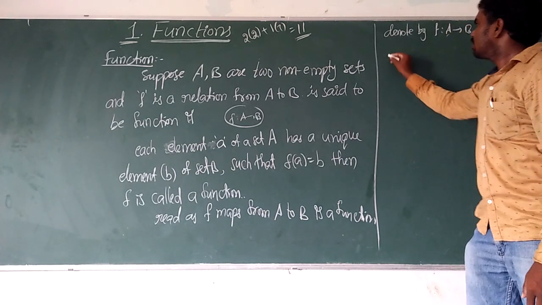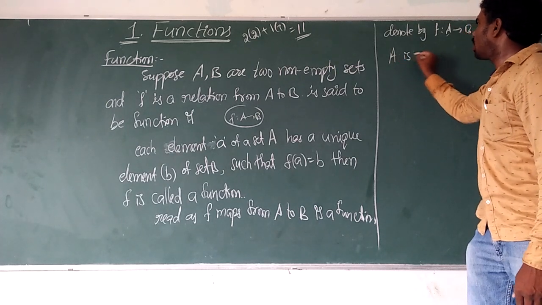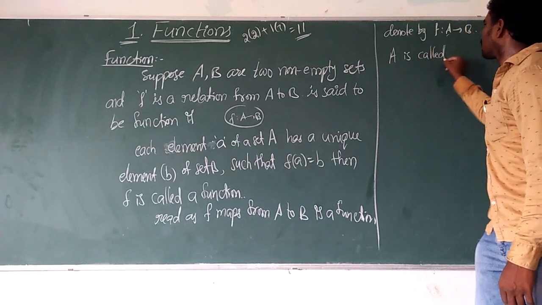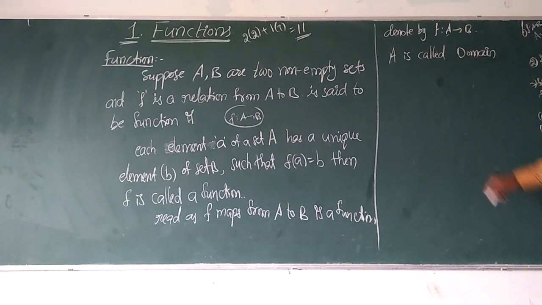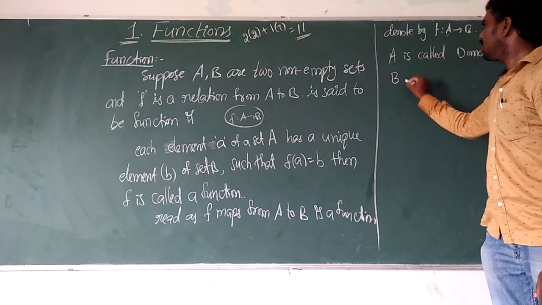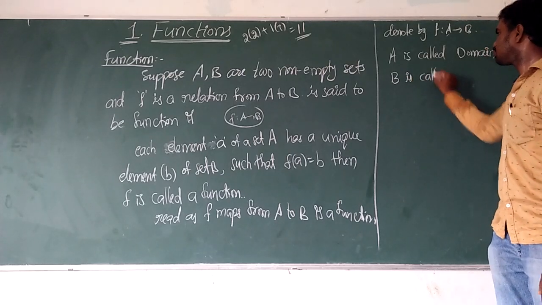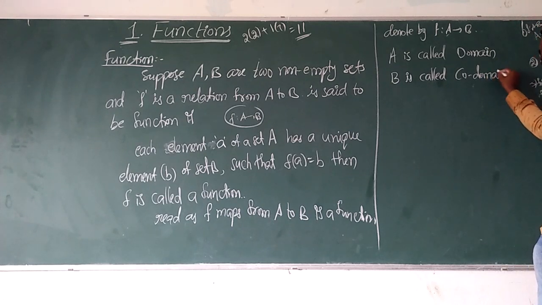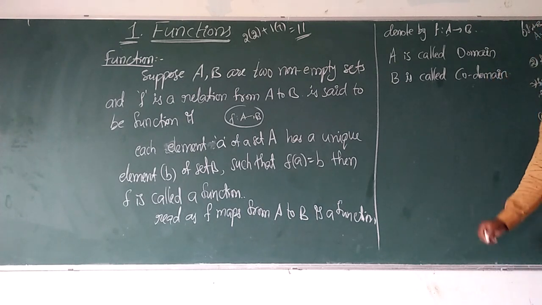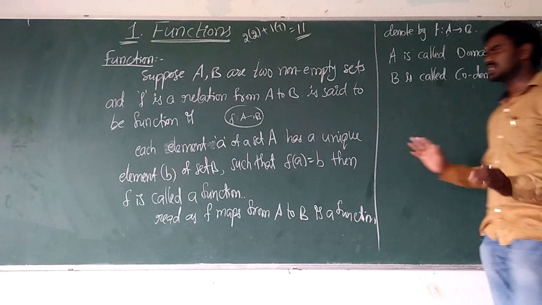Moreover, here the first set A is called the domain, and capital B is called the codomain. Very simple.